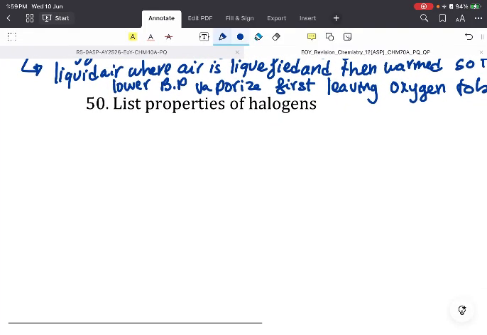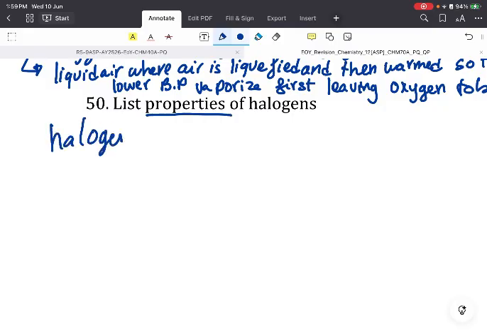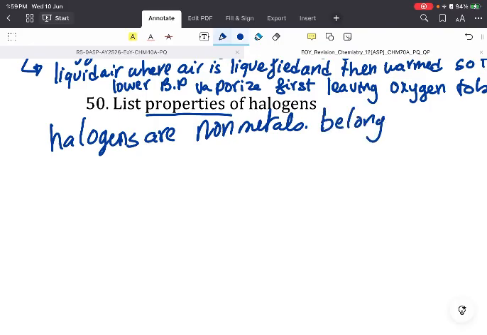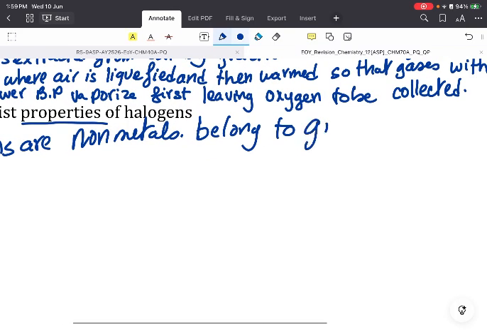Now moving on, let's talk about halogens. List the properties of halogens. Halogens are non-metals. Let's locate them in the periodic table: they belong to group 17.